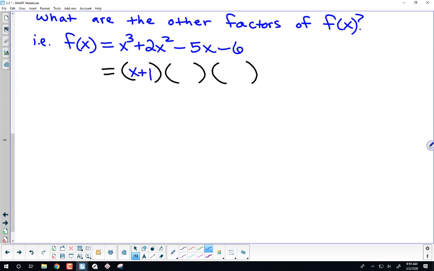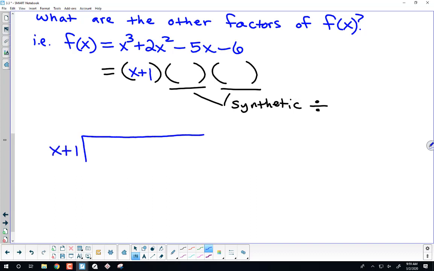So at this point, in order to find these other two factors, we have to use synthetic division with what we know is true. We know that x plus 1 is a factor. And again, we're just going to use synthetic division to shorten this process.